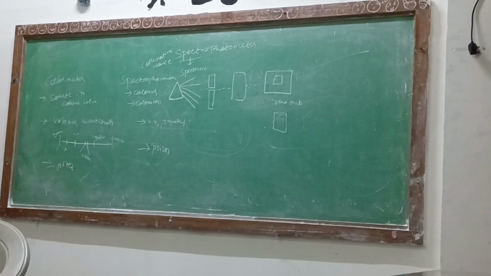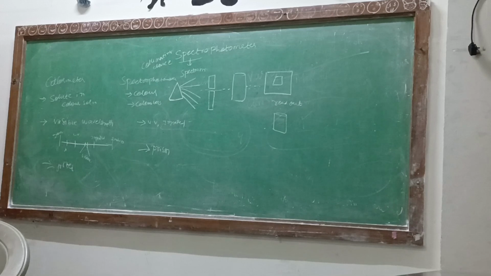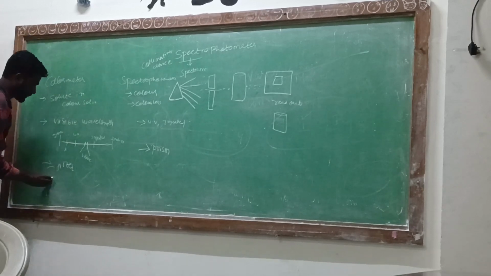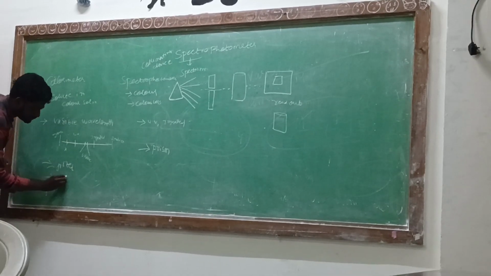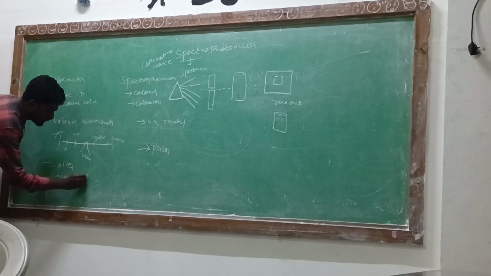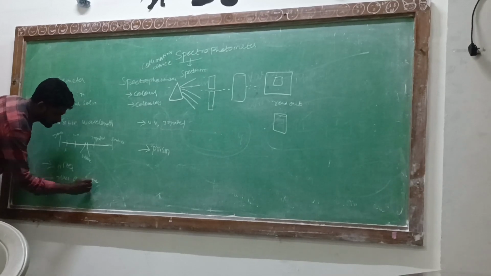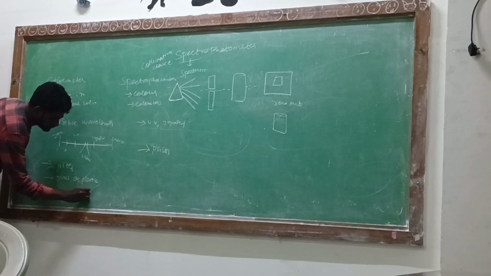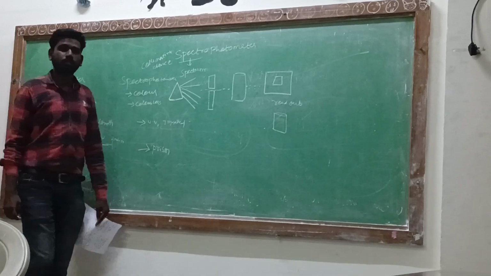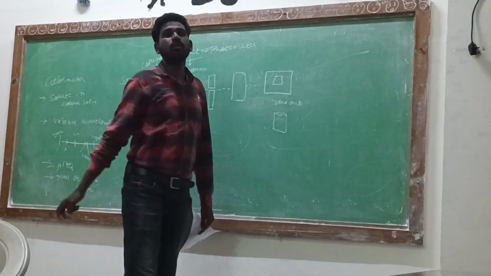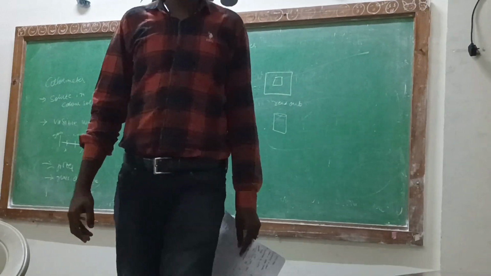Now the fourth differentiation is the cuvette. The cuvette we use in the colorimeter is a glass or plastic cuvette. So the cuvette you use is made up of glass or plastic.